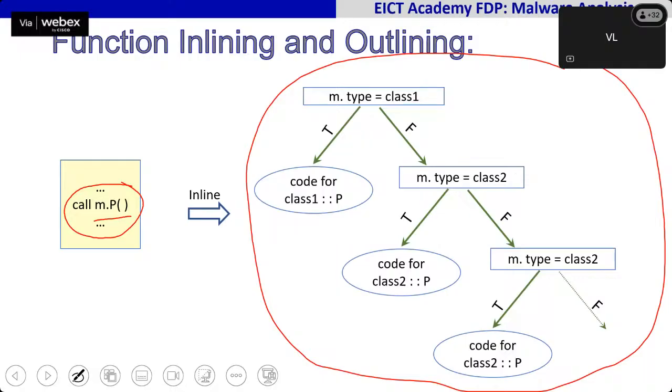We check whether M is class 1. If it is class 1, then it will call the P method of class 1. If it is not class 1, then it will check whether it is class 2 or not. If it's class 2, then it will call the method P of class 2. If it is not class 2, then it will call the method of class, sorry, class 3.